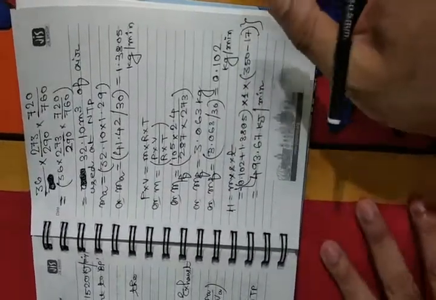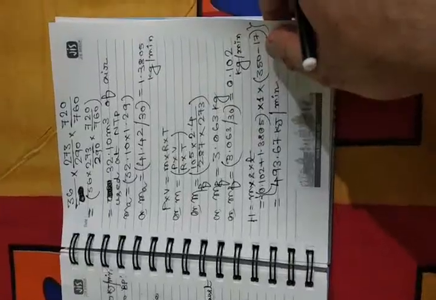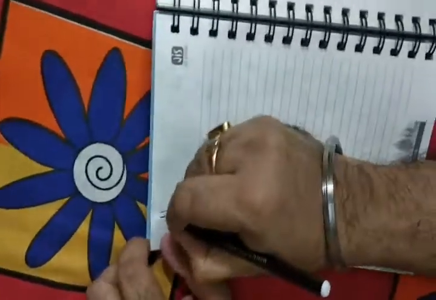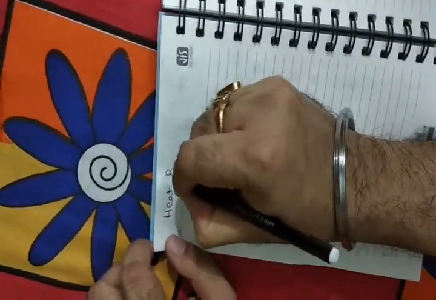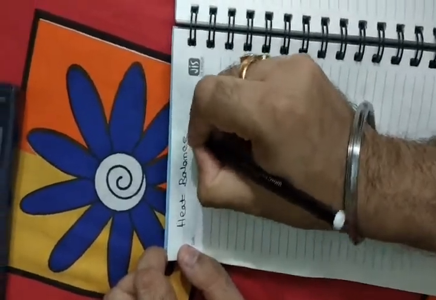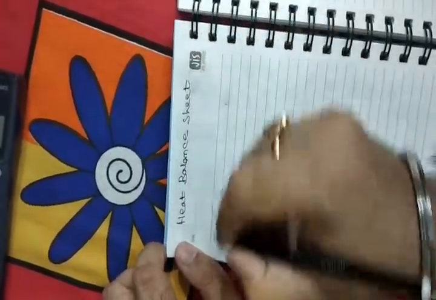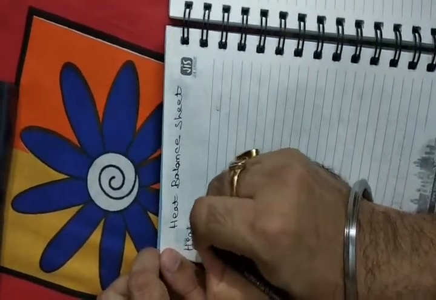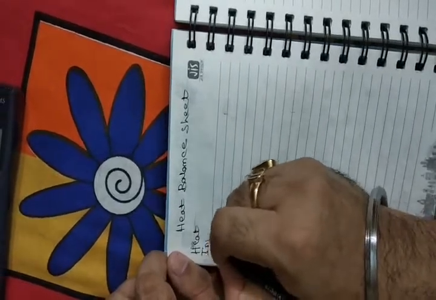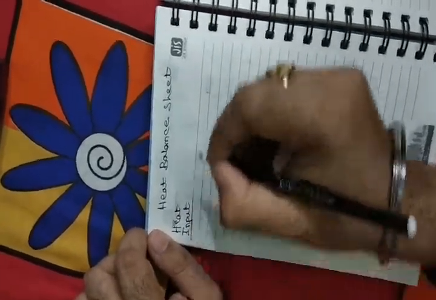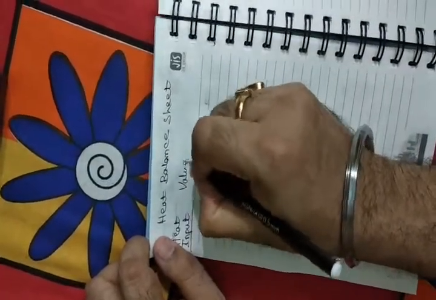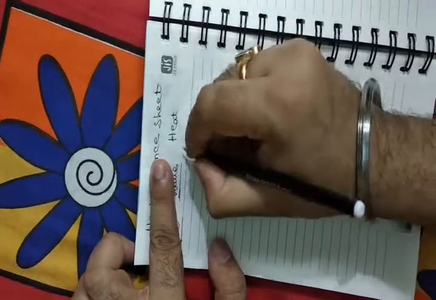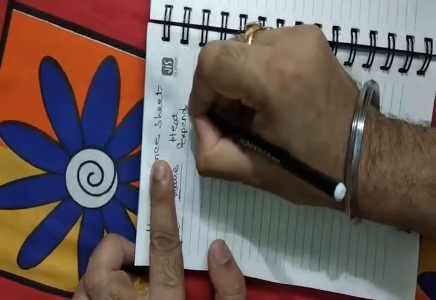So now we have to draw the heat balance sheet. So heat balance sheet will be, that is heat balance sheet. So here is the heat input, this is value, heat expenditure value.